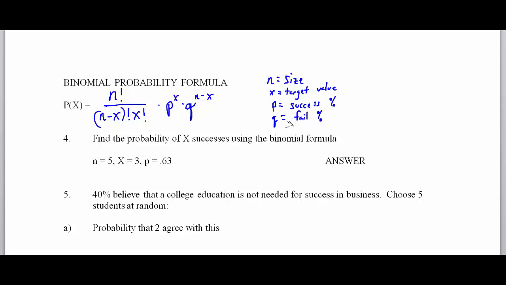So let's just say that 50% of the population is female. Let's say you gave a random problem and said, what are your chances of getting 75 women out of 100 people, at random? So your n would be 100.